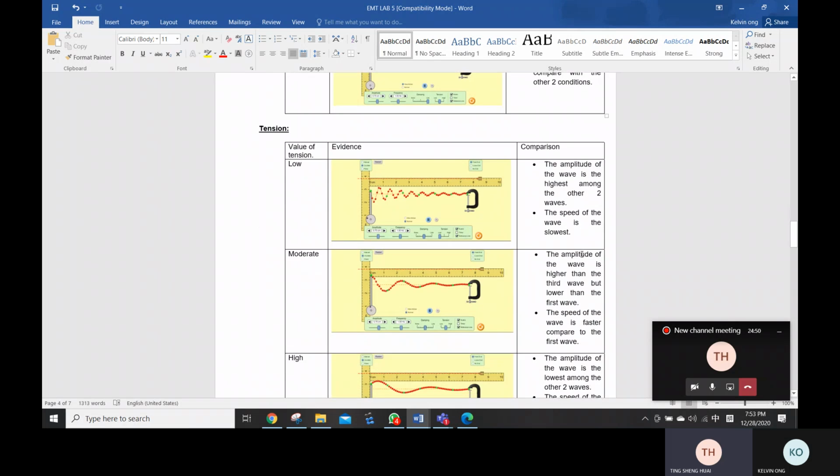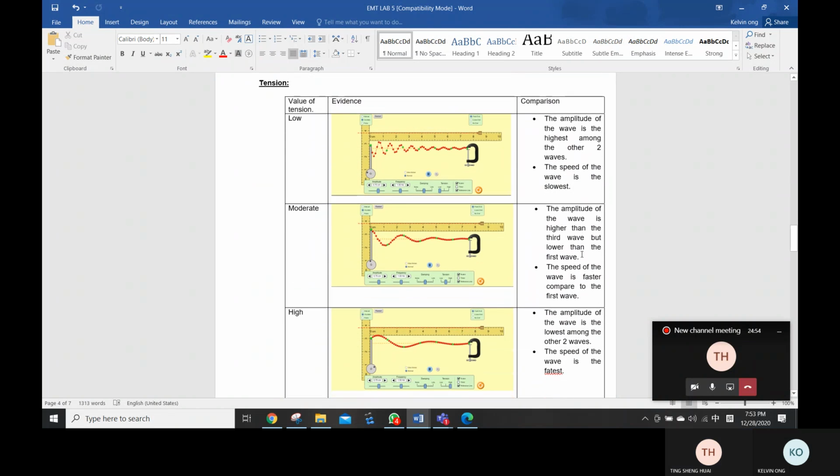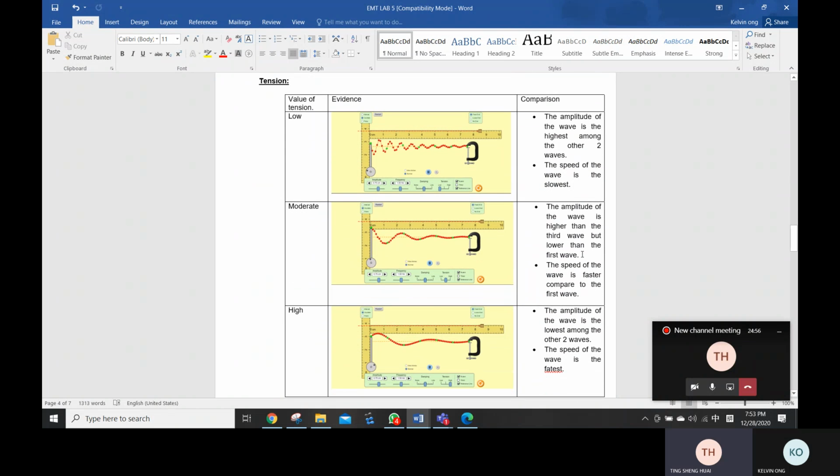If you adjust the tension, as you can see, if the tension is low, the amplitude is the highest and the speed is slowest compared to the others, which are moderate and high. At high tension, the amplitude of the wave is the lowest and the speed of the wave is the fastest.